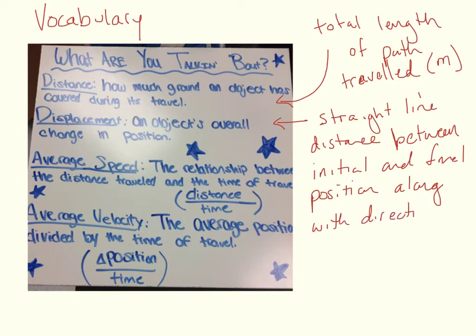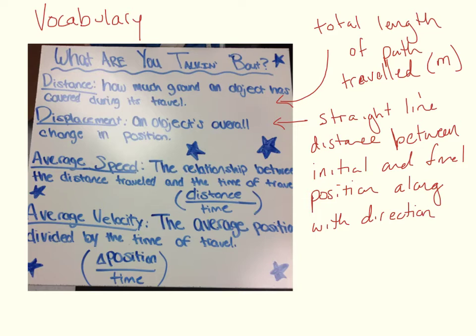And one technical way to explain the difference in those two is that distance is a scalar and that displacement is a vector. And so the big difference between those two terms is that a scalar is a magnitude only. So if I asked you how far you ran, you might say 5 kilometers. And that's a perfectly acceptable answer. Okay? But if I asked you what your displacement was while you were running, first of all, it may or may not be 5 kilometers.